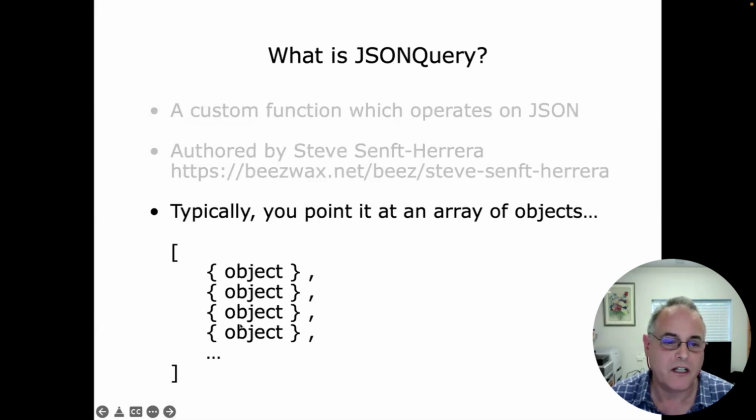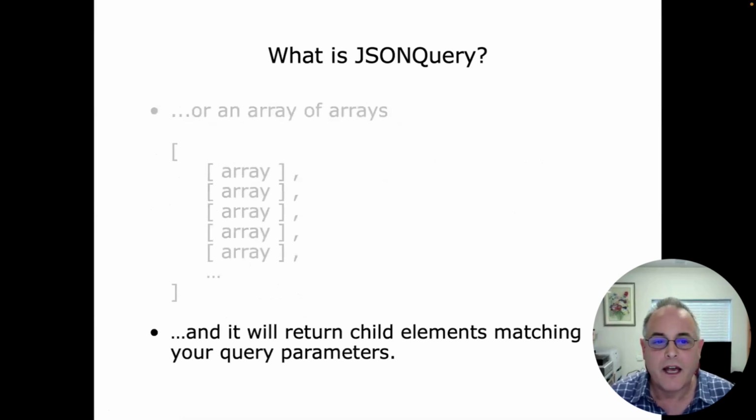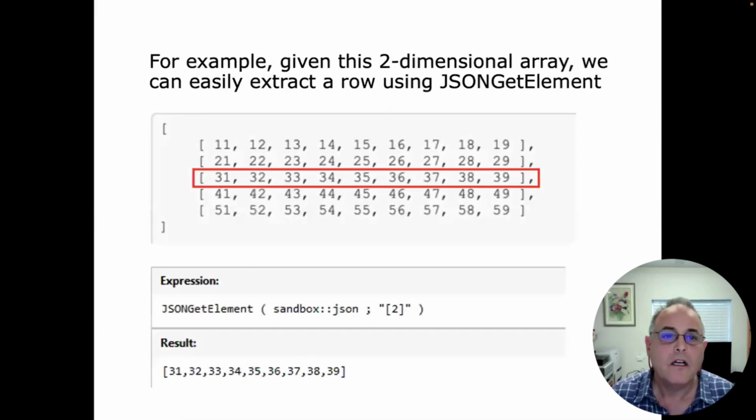That's what we're typically talking about, and that would be true here with an array of arrays as well. It's just a question of whether we see key names or not. So that's the sweet spot for JSONQuery. You point it at these things, and it brings back the response to your query, what returns what you were asking for.